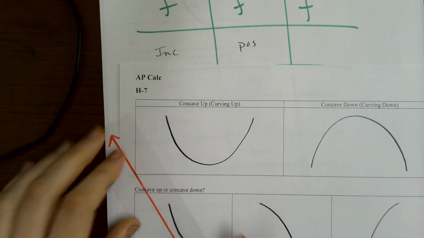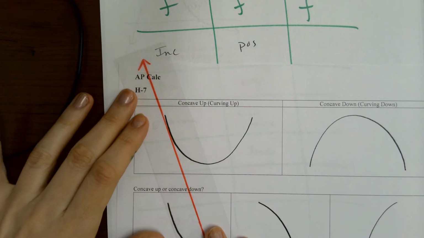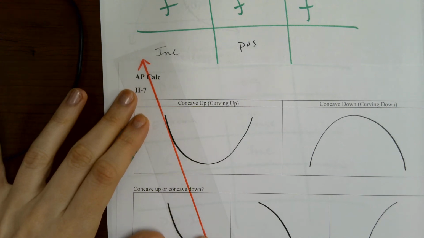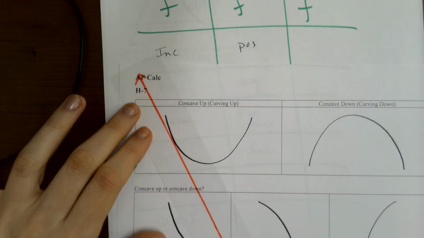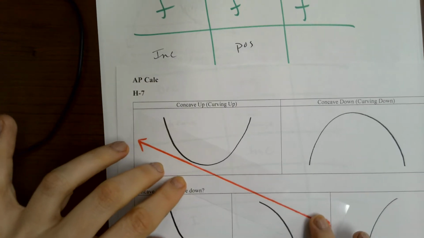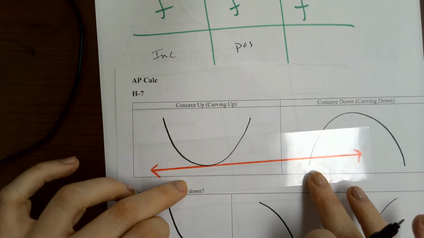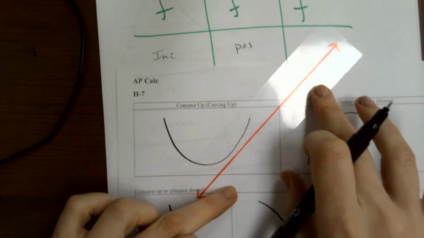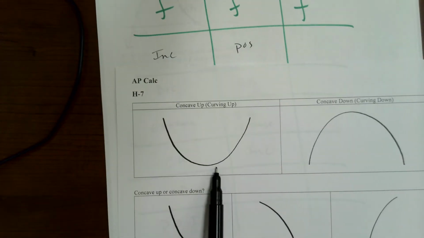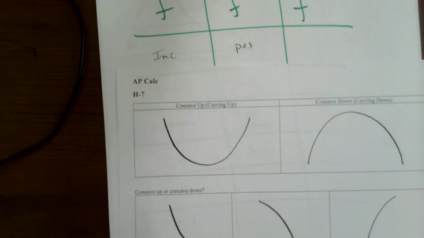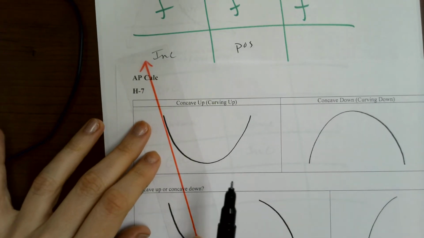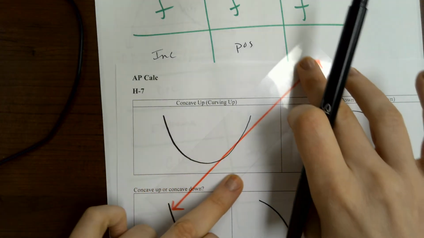So concave up, so remember, F prime is the slope of the tangent line. So right now it's super negative. It's getting less negative, less negative, less negative, 0, positive, more positive, more positive, more positive. So if the original graph is concave up, then the slope of the tangent line as you go along the graph is increasing.